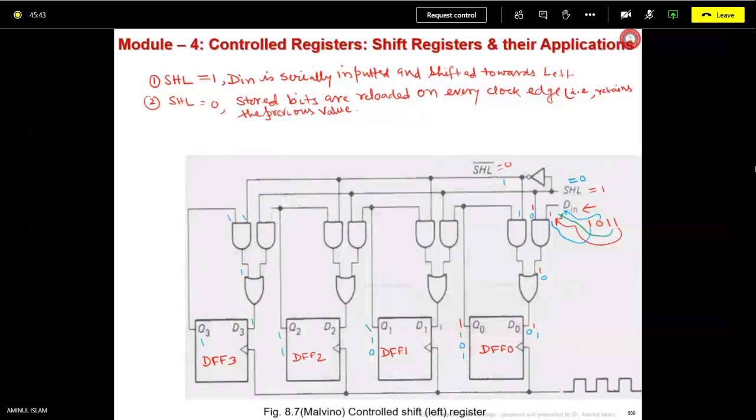Could you understand how input bits are getting stored into the flip-flops? After 4 clock pulses, 4 bits are stored. Yes, sir. Starting with the LSB. The right side bit is the LSB, the left side bit is the MSB. Suppose you have applied the LSB first. So after 4 clock pulses, the stored values are this.